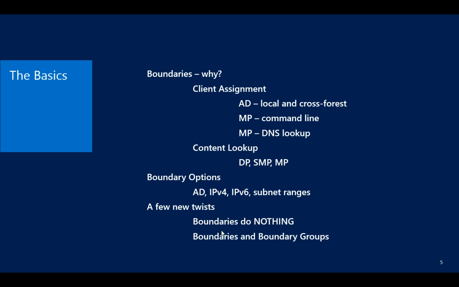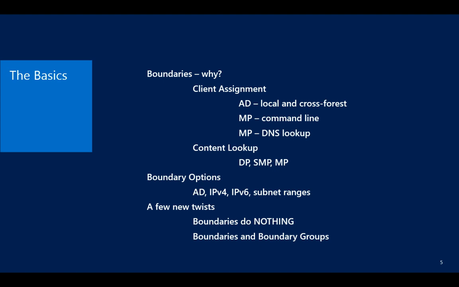So IPv4, we can specify IPv4 subnets, right, including subnet mask to carve up the subnet if applicable. We can also use IPv6 addresses, and then we can do IPv4 subnet ranges. So subnet ranges work great. In fact, they are oftentimes seen as easier to implement than trying to carve up your network into subnets and such.